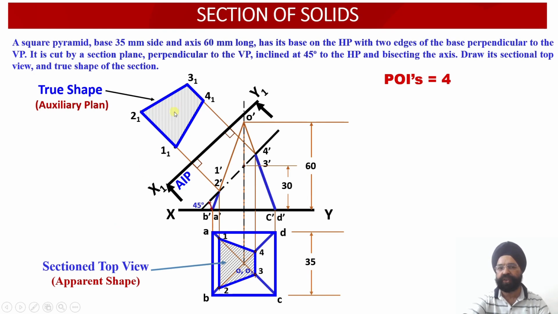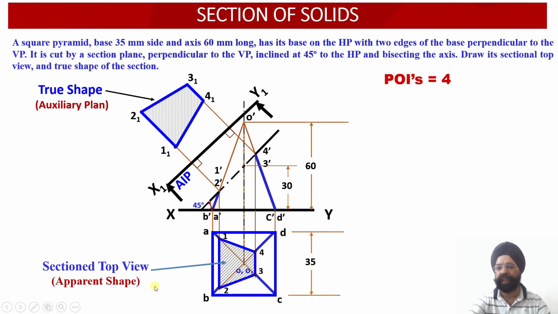So here you can see the true shape of the cut section. This is bigger and broader than the apparent shape which we had obtained in the first step. So the true shape of an object will always be bigger than the apparent shape of the object.